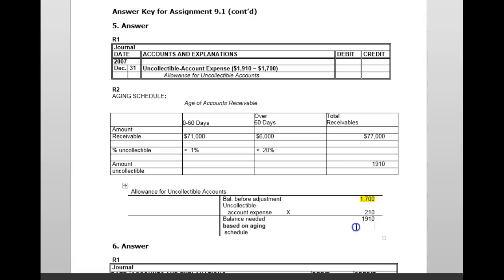And to get that on the books, after you've done the aging and the analysis of what's there and what you need to have there, then you will come up to here and you will make the adjusting entry, which is going to be this and this.